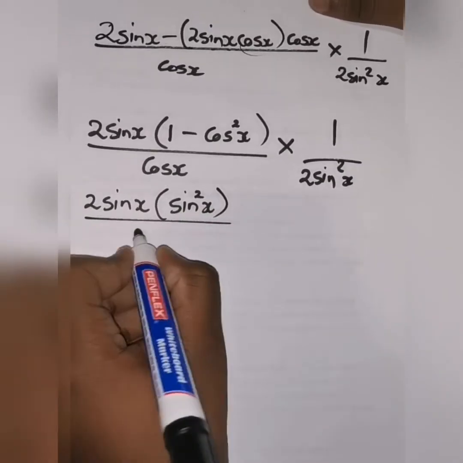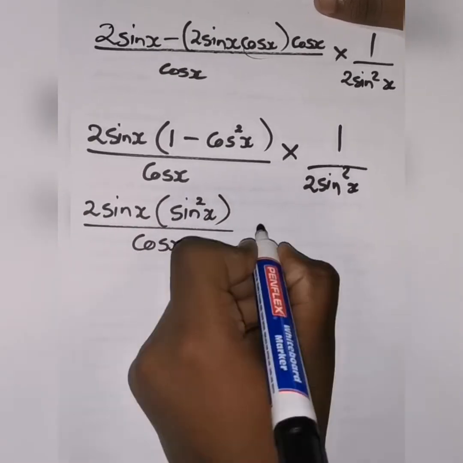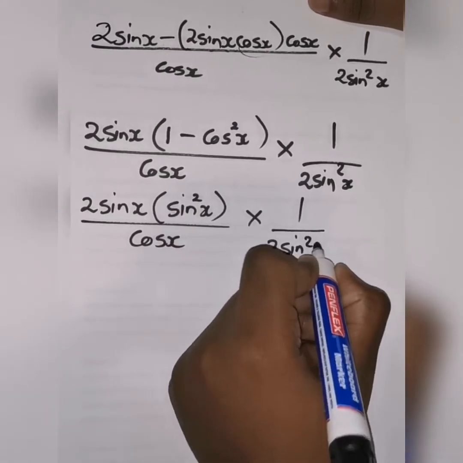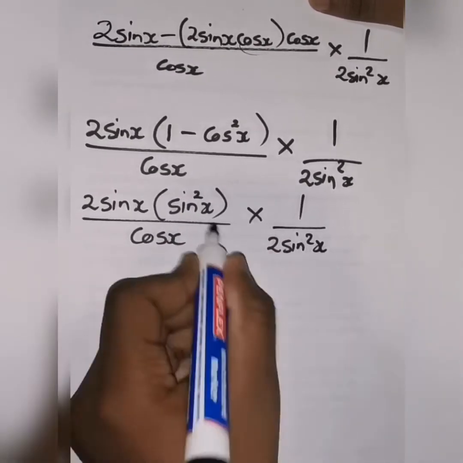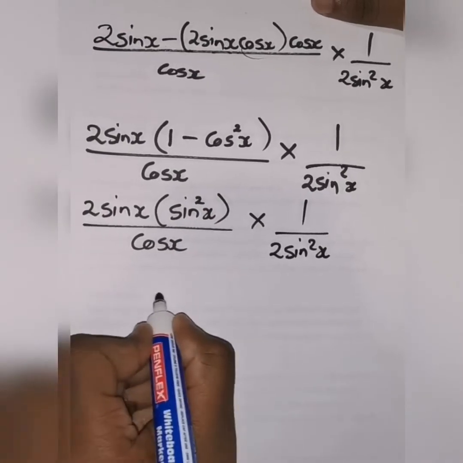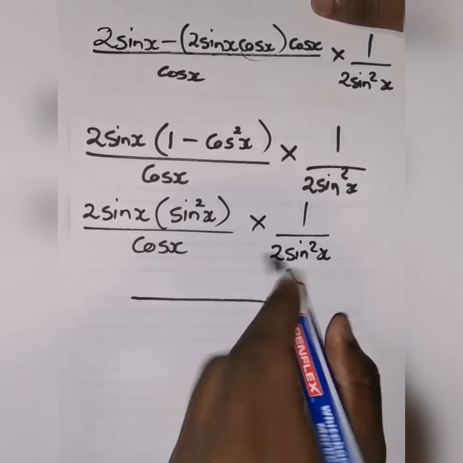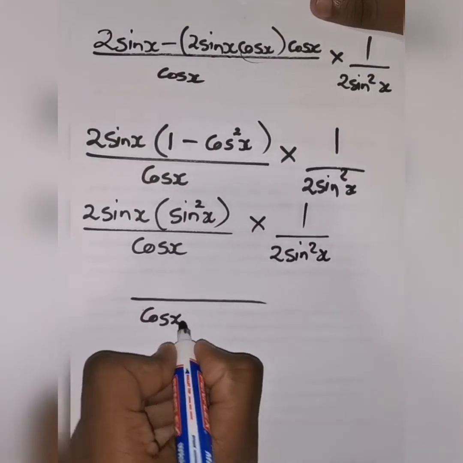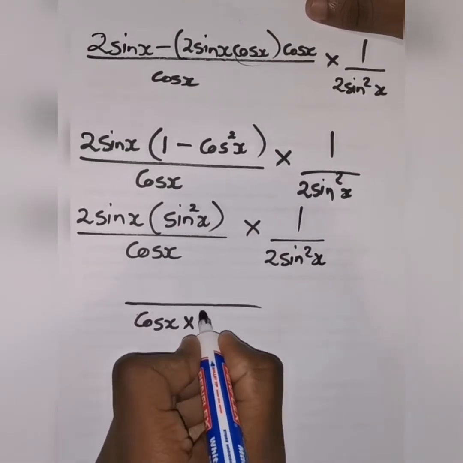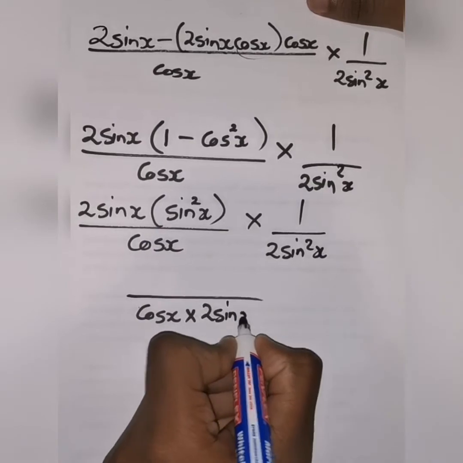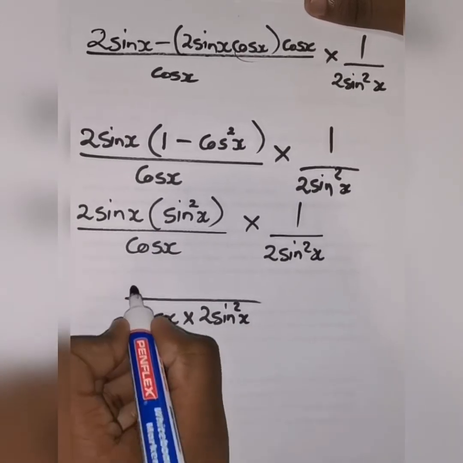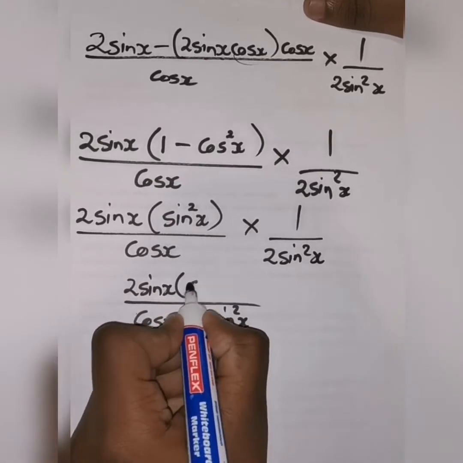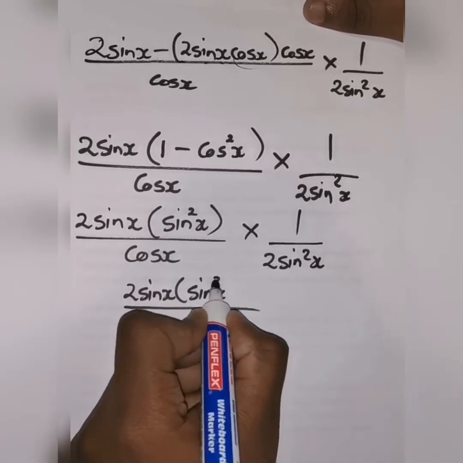Now we bring them back together, so it's cos x multiplied by 2 sine x squared, and then we have 2 sine x multiplied by sine x squared.